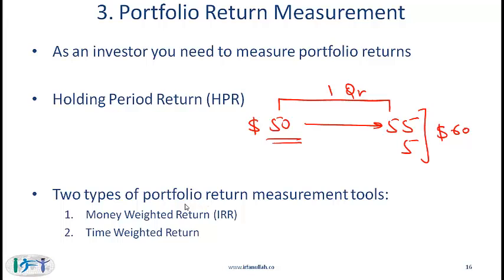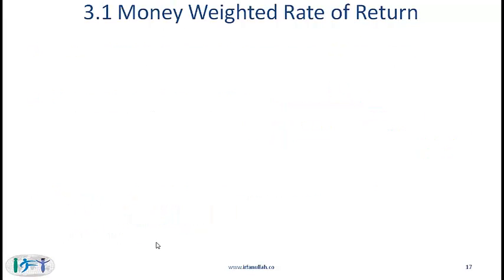In terms of portfolio return measurement tools, there are two techniques that are used to calculate return. One is called the money-weighted return and the other is called a time-weighted return, and we need to understand both these methods. Let us first talk about the money-weighted rate of return.